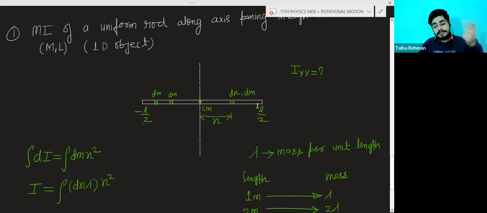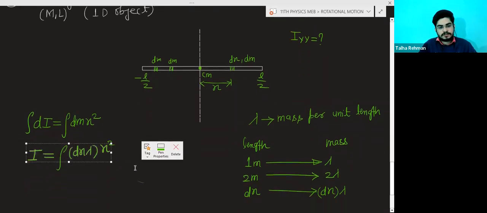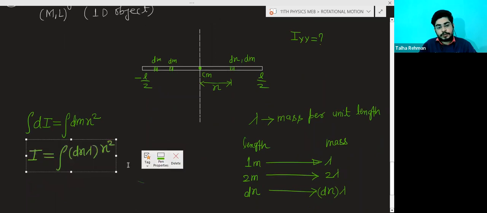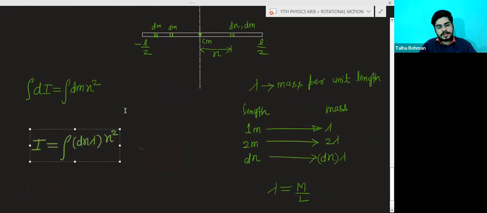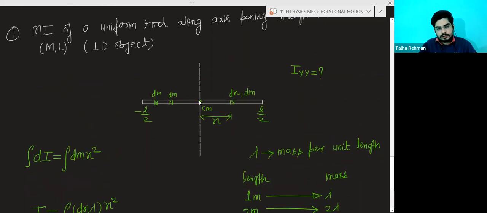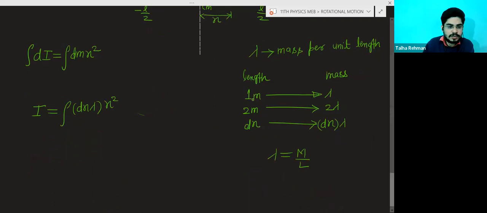We are now defining the limits. What are the limits of the integration? It will be defined from minus L by 2 to plus L by 2. Putting the limit is very important. If you are going in this direction, you have to take the negative limit. Here you will take the positive limit. So the limit will be minus L by 2 to L by 2.